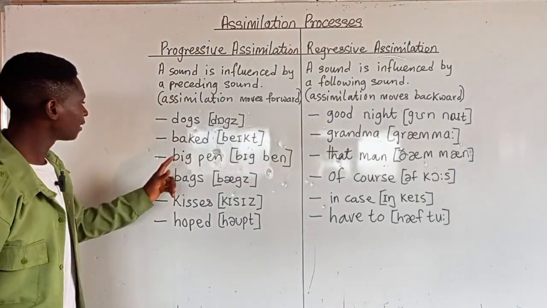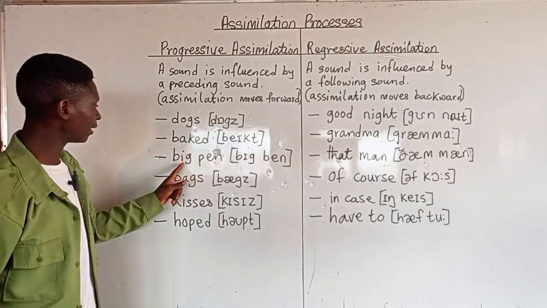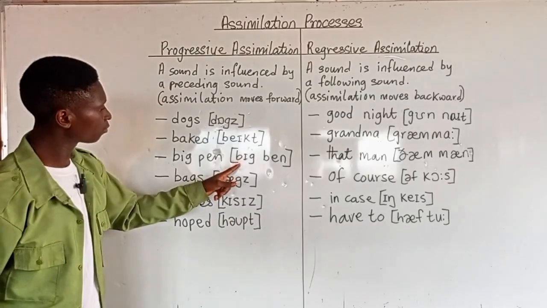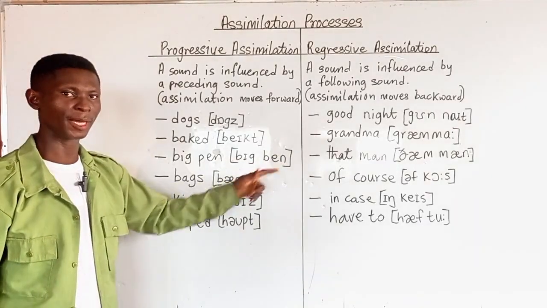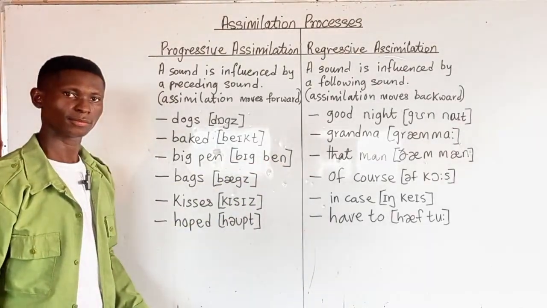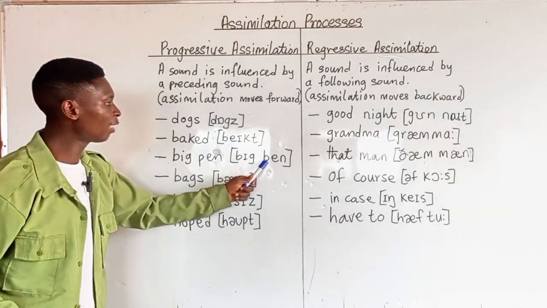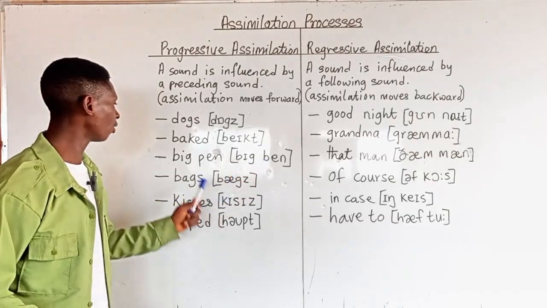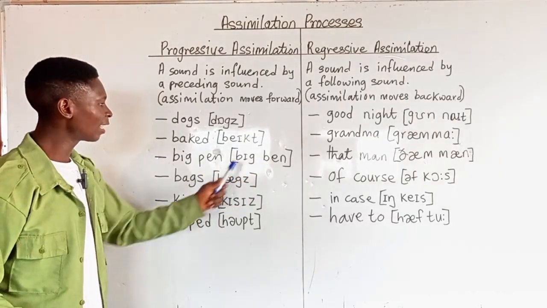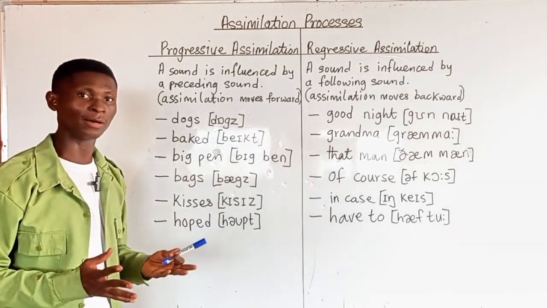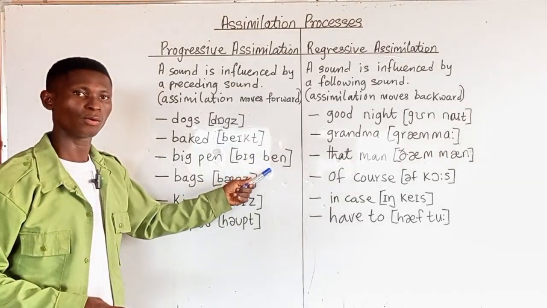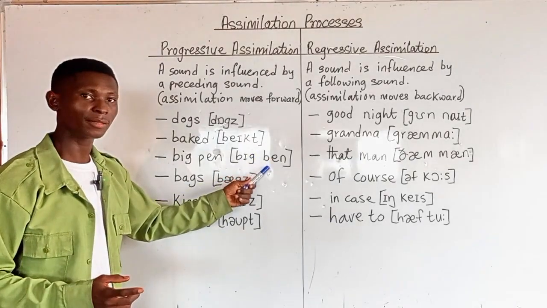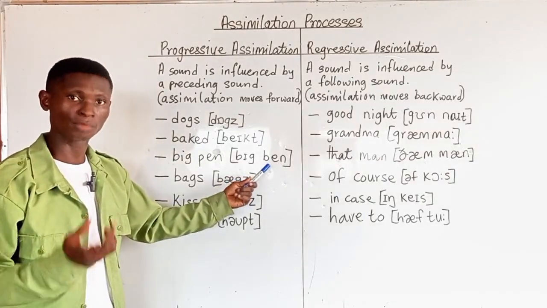Again, we have big pen. This is big pen, but when you pronounce it in connected speech, you have big ben. That's because you have b instead of p, because g is a voiced sound. So immediately after g, it influences the next sound, which is supposed to be p, a voiceless bilabial plosive sound.